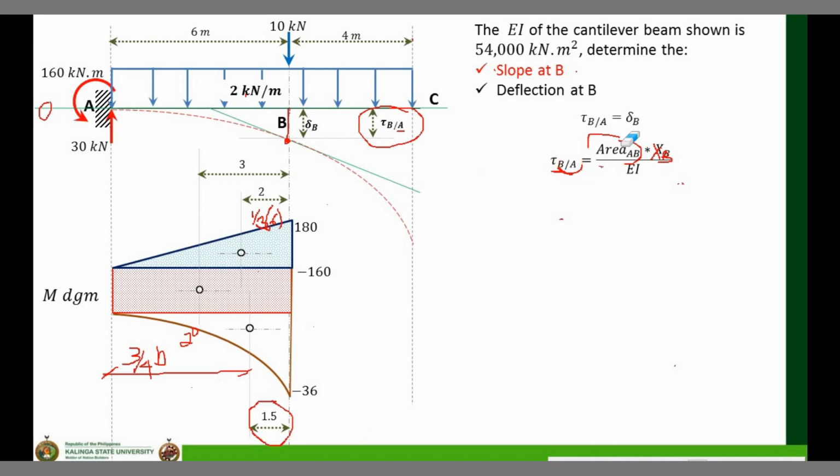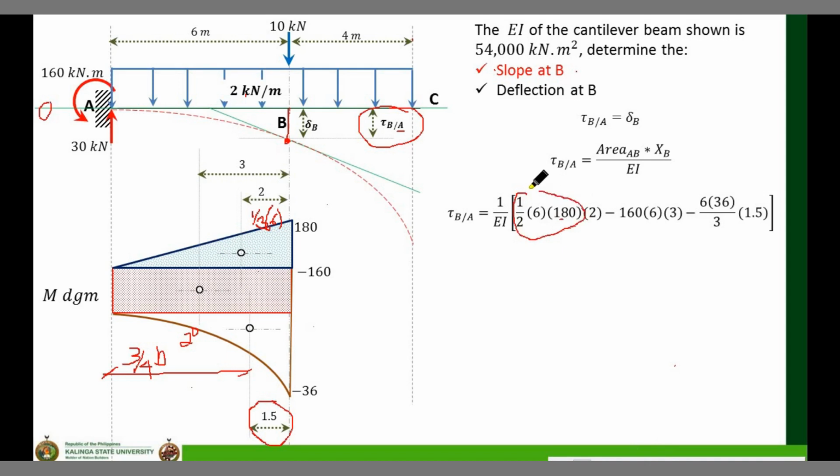Okay? So, after we got the distances of the centroids to point B, we can now substitute the values. Again, 1/2 of 6 times 180, this is the area of your triangle.